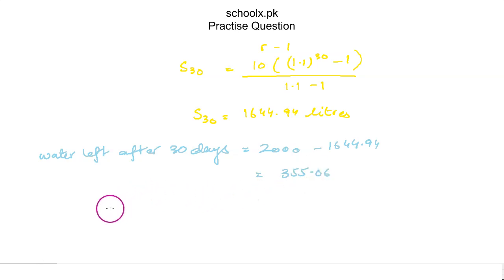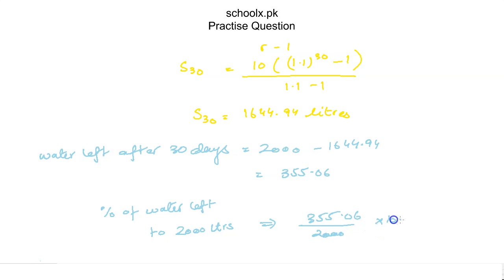Now to find the percentage of water left compared to 2000 liters, which was the initial amount of water in the tank, this is 355.06 over 2000 into 100, which gets equal to 17.75%. This is the answer to part B.